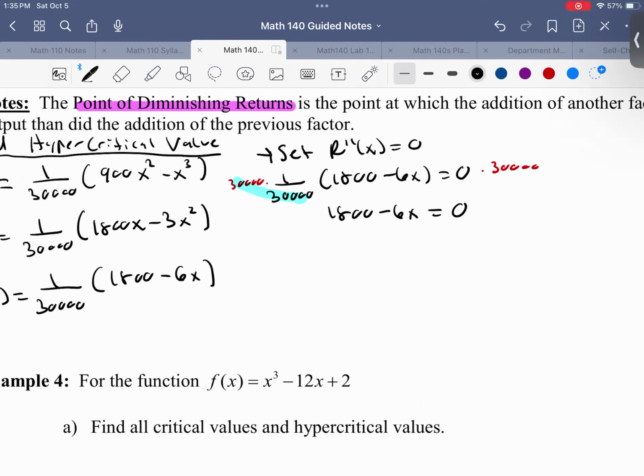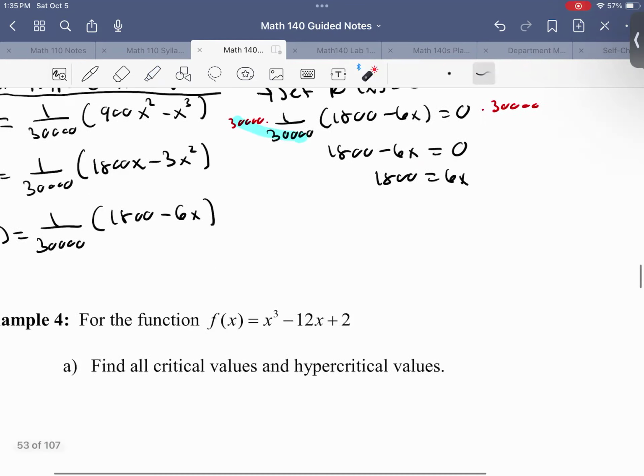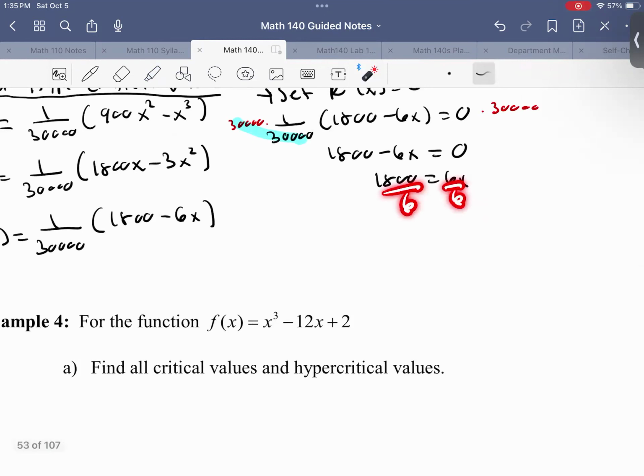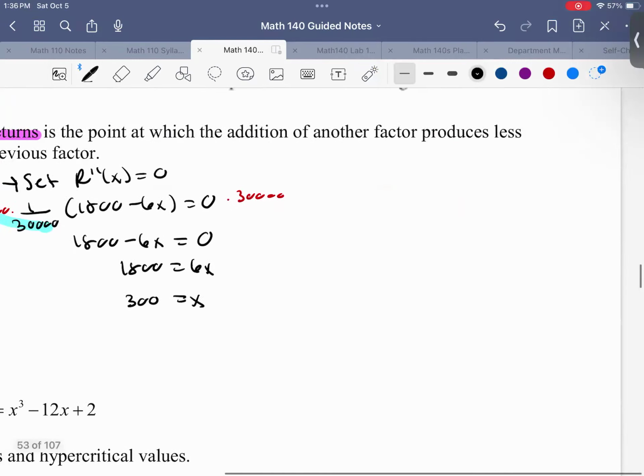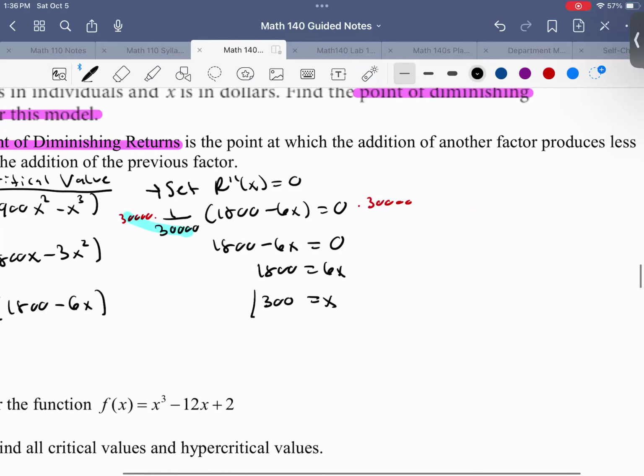So I'm going to move the 6x to the other side. So I'll end up with 1800 equals 6x. Then I'm going to divide by 6. And what I end up with is 300. So that is my hypercritical value.